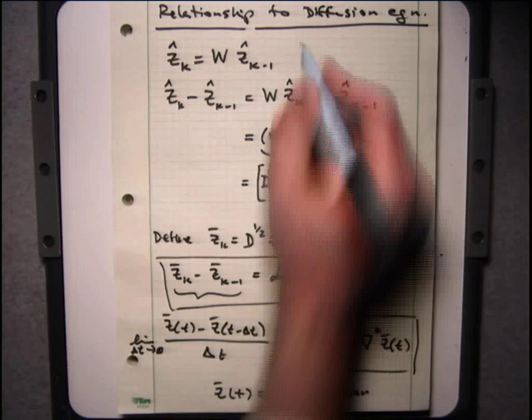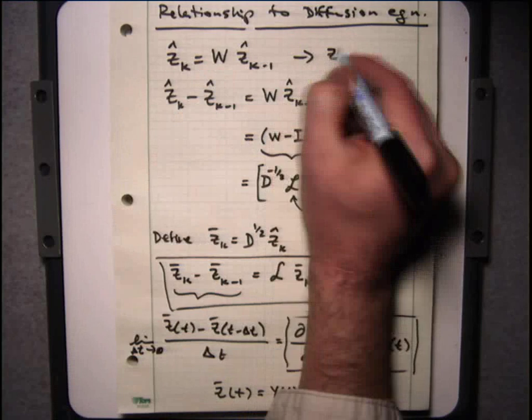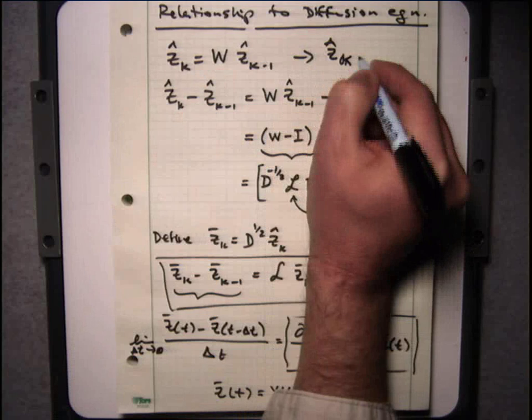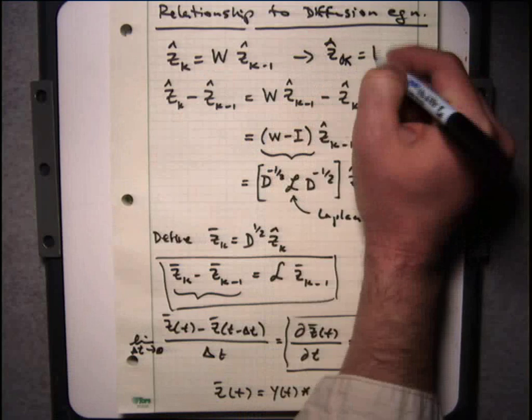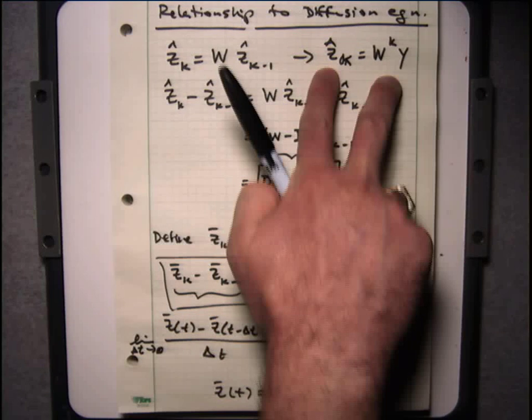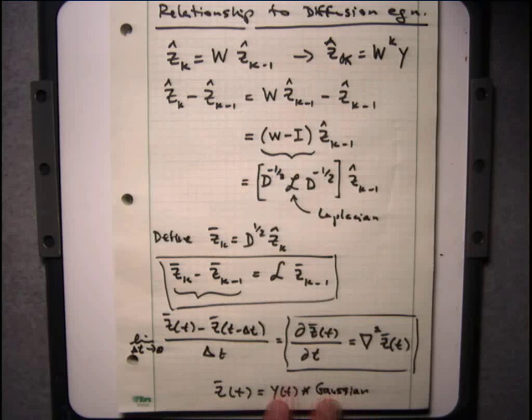So remember, this was equivalent to z hat k equals w to the k y. So you can see how this is related to that, because W is a matrix that's built from this Gaussian kernel.